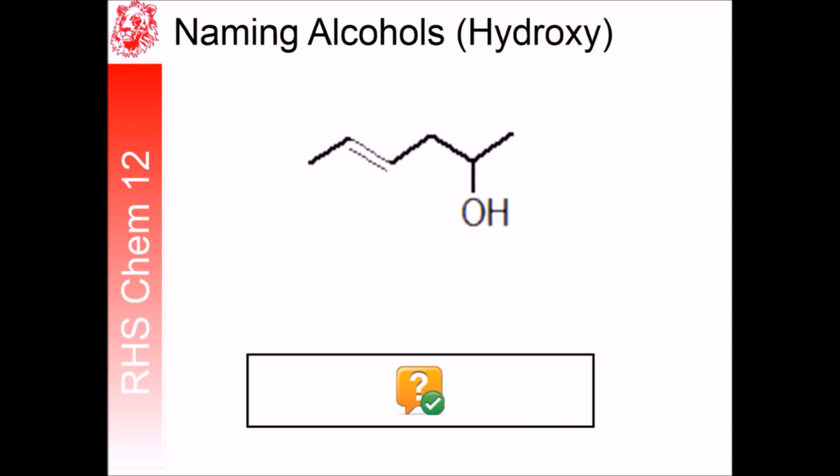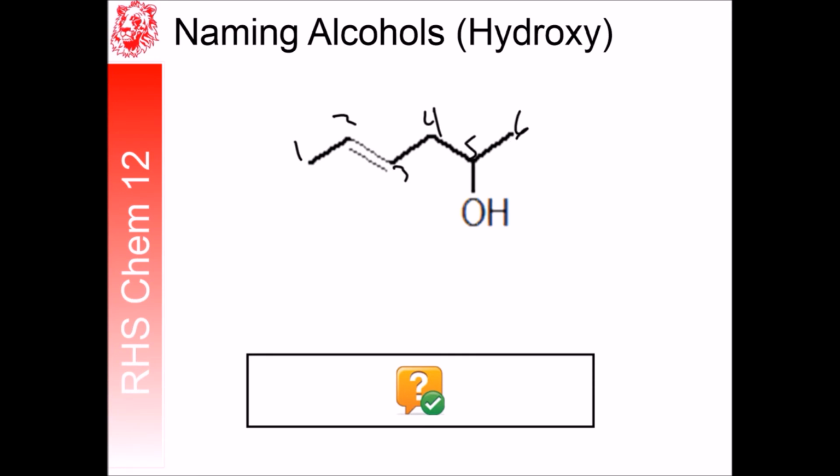Sometimes we end up in a situation where the -ol and something else get in conflict. So I have my -ene here, and so this should be something 1, 2, 3, 4, 5, 6.